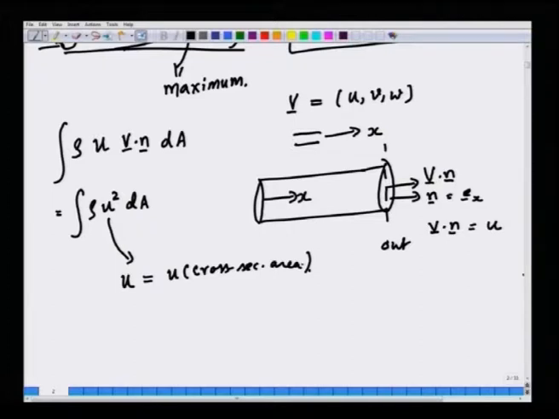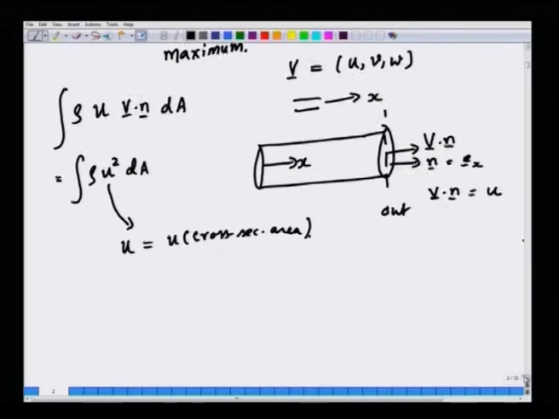In principle, first of all you need to know how u is a function of position. Let us say you have flow in a pipe.